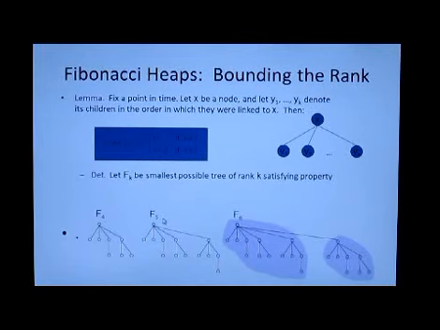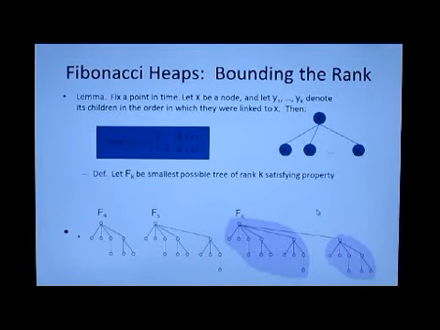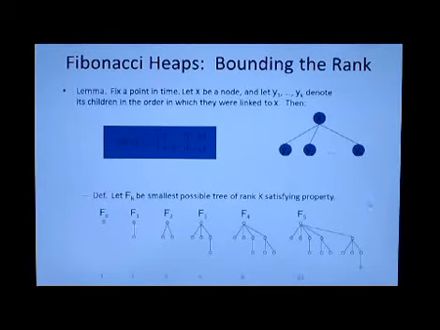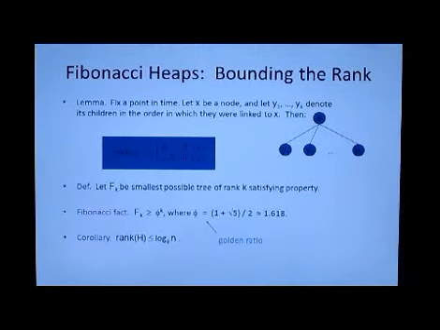We meld F4 and F5, and we have F6 now. At the end, we have a Fibonacci fact that Fk is greater than this formula, and after that rank H should be less than log n.